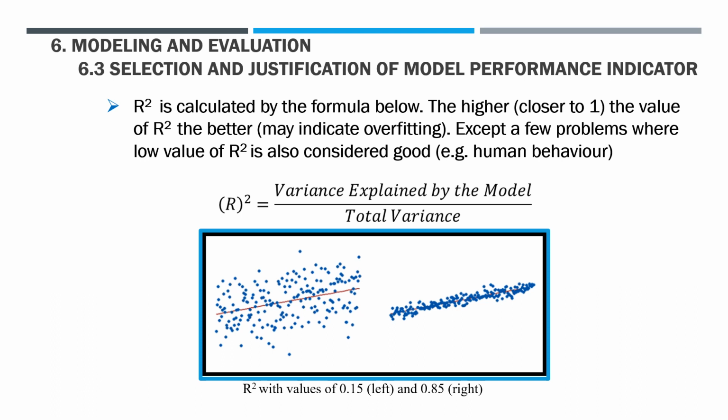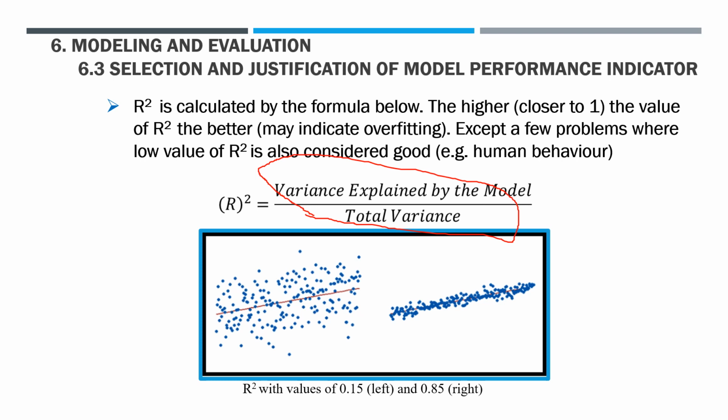R-squared can be calculated by the formula given here. It is just a ratio of the variance explained by the model to the total variance. So the higher the value of R-squared, or closer to 1, the better the model performance is. Only in very few cases, which are very difficult to regress or forecast, for example human behavior, can even a low value of R-squared give us a good enough estimate.